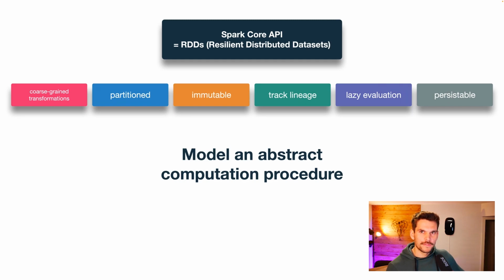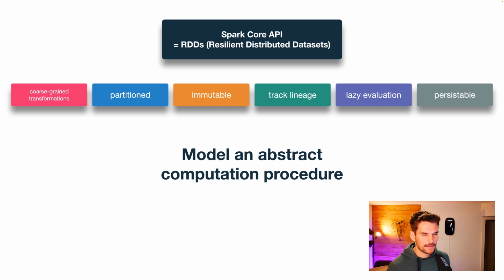So the RDDs basically live only in the driver and constitute a computation procedure which we define in our user program by applying transformations and all the code you write in the Spark Core program. And they end up being only a procedure which describes how a result can be executed and produced by the cluster.